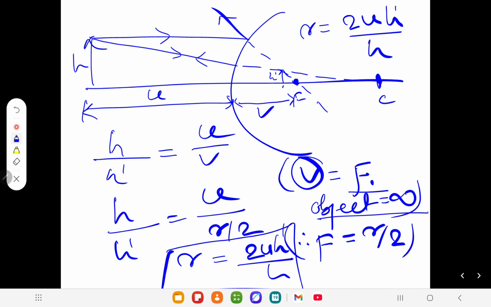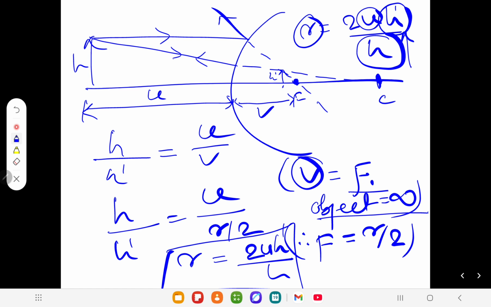What do we have? We know u, the object distance, and we know the object height, isn't it? Yes. The only thing in this equation that we don't know is h dash, the image height. If we know the image height h dash, then we don't have any problem. We directly get r, isn't it?